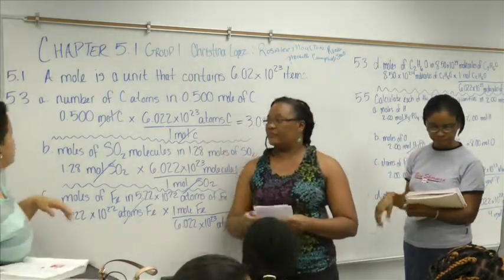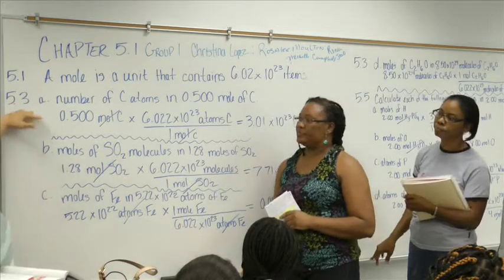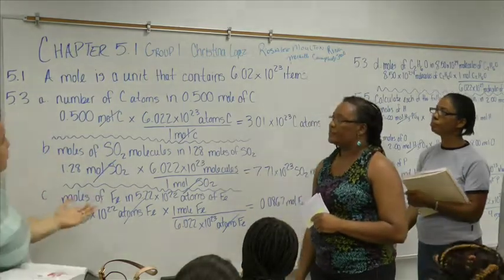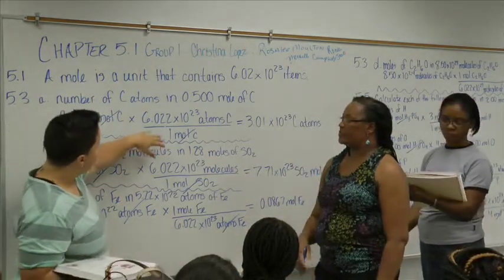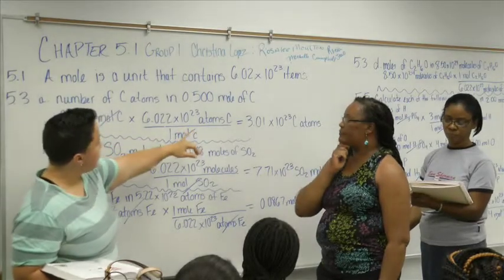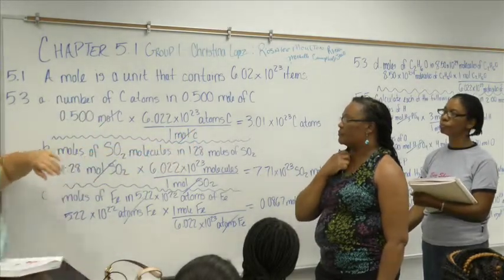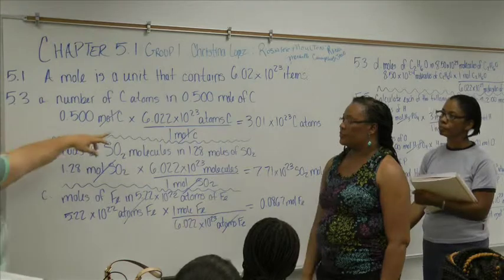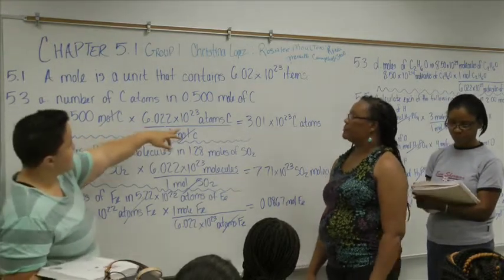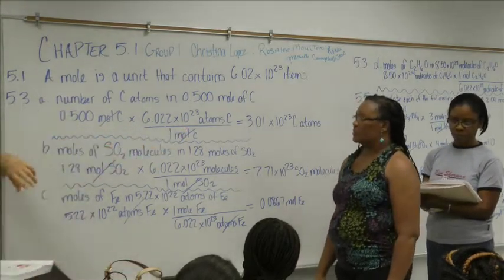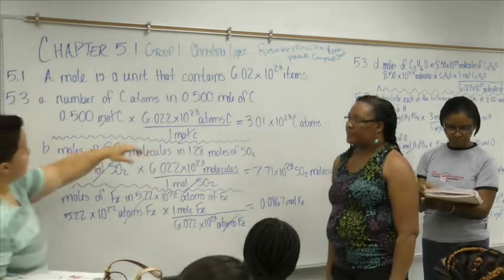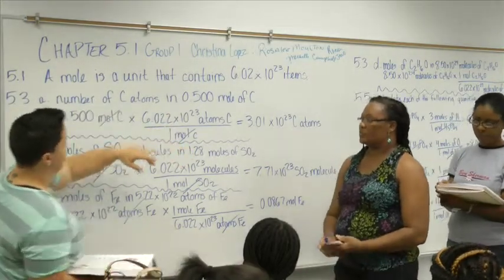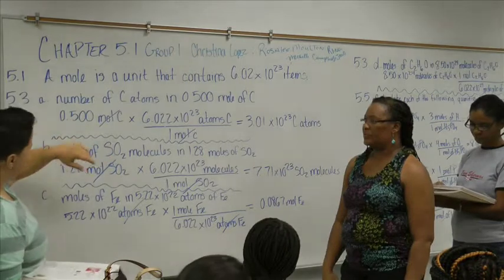Okay. So in the homework, we have to calculate each of the following. And in order to do so, we know that Avogadro's number is 6.022 times 10 to the 23rd power. So we are given 0.500 moles of carbon, and we want the number of C atoms. In order to set it up, we have to make conversion factors using the Avogadro formula.